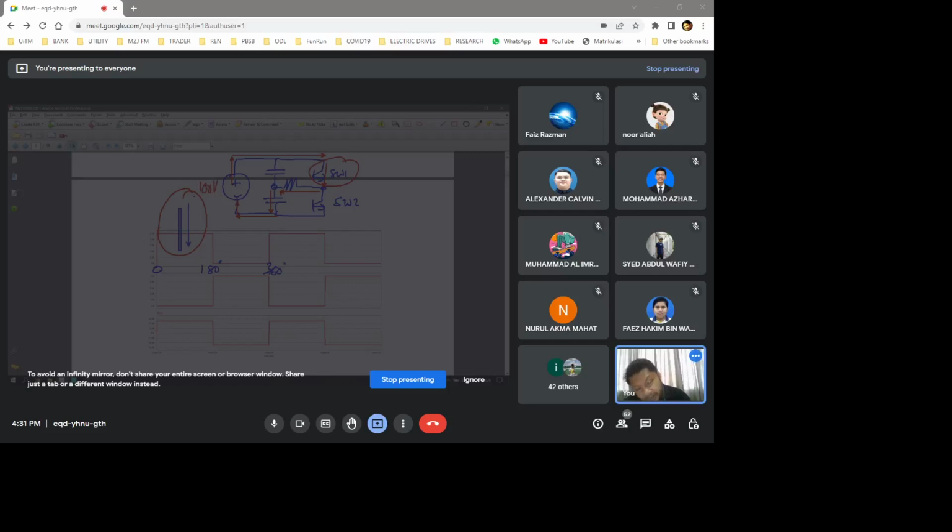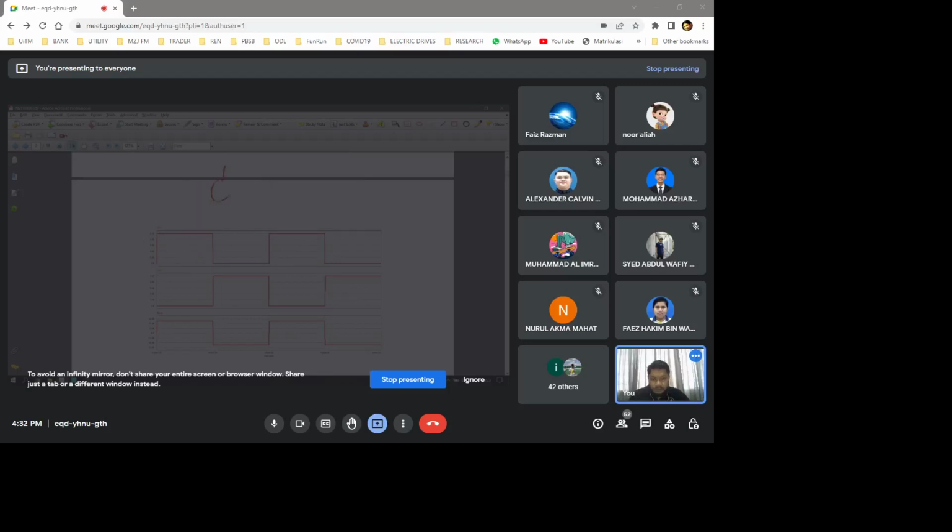Since we have a very large capacitor, what happens is that it will receive only half of the voltage here and the other half on the bottom. So we have these two, 50.